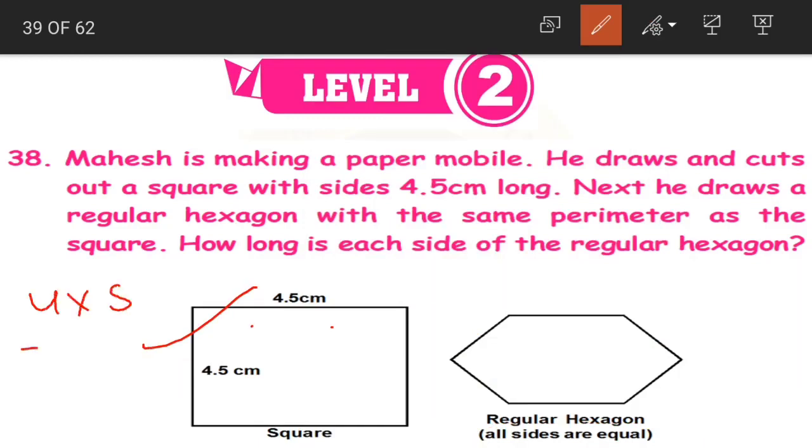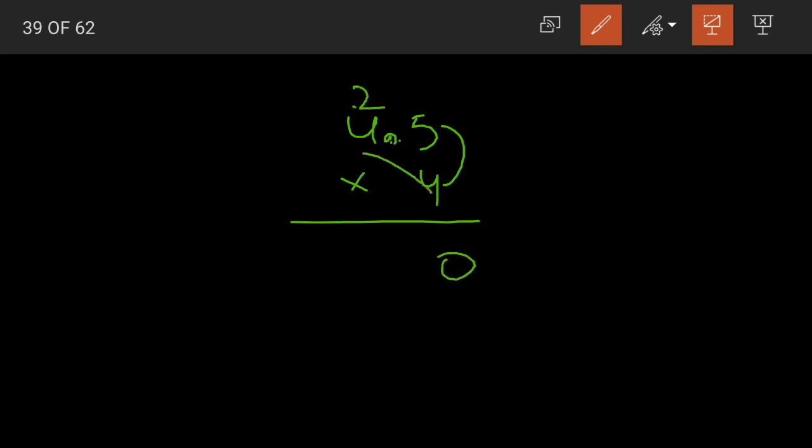4 into s, that is equal to 4.5 into 4. Yes or no? 4.5 is the side into 4. How do we multiply decimal number by a whole number? First we multiply the number as it is. 4 5s are 20, 2 carried, 4 4s are 16 plus 2, 18, 180.